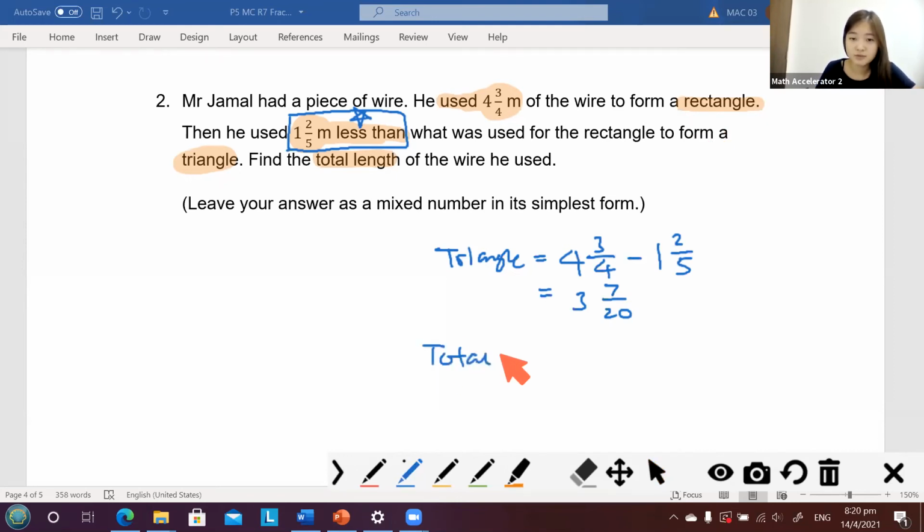Total is triangle plus rectangle. Once you add it up, this will get you 8 1/10.